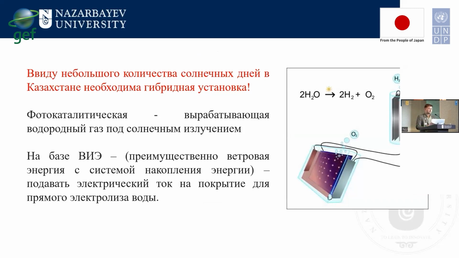Due to the lack of sunny days, we decided to use a hybrid installation. This is also a cell, but the electron flow was moved to another reservoir. In one place, there is only oxygen, and in that reservoir, only hydrogen is generated.